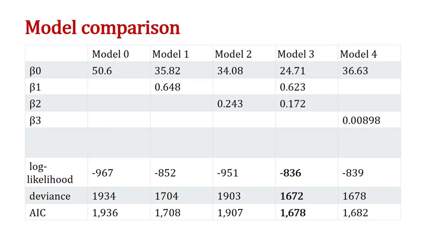So you can see that model 3 went from 1672 to 1678, so it increased 6 points, whereas model 4 increased from 1678 to 1682.